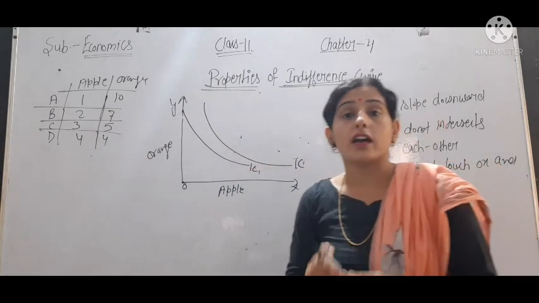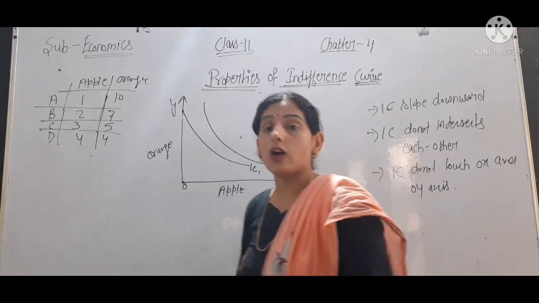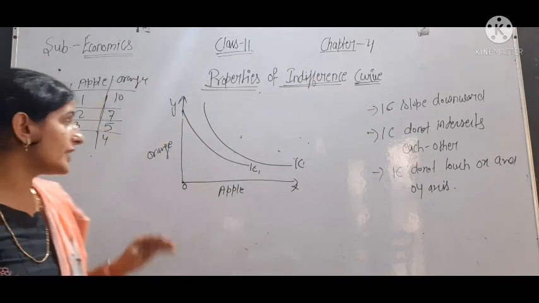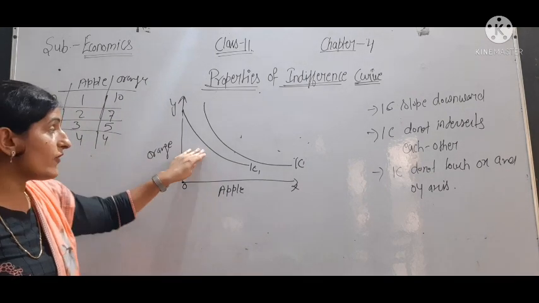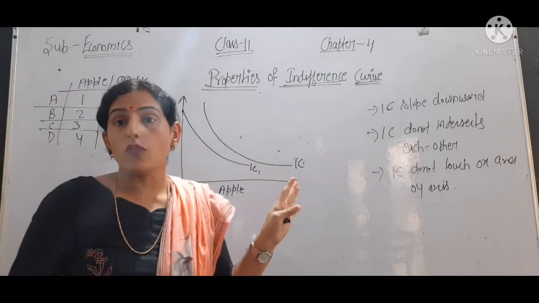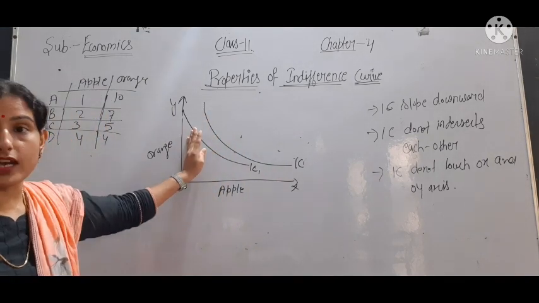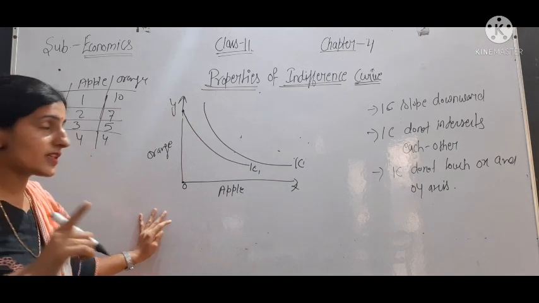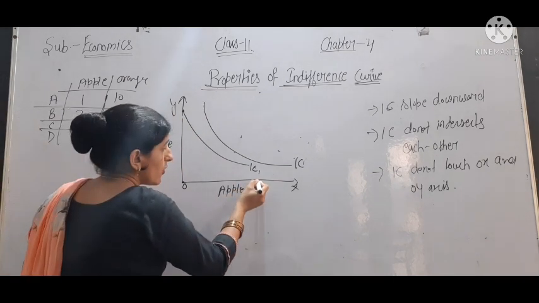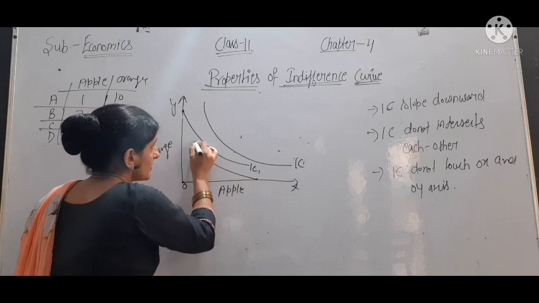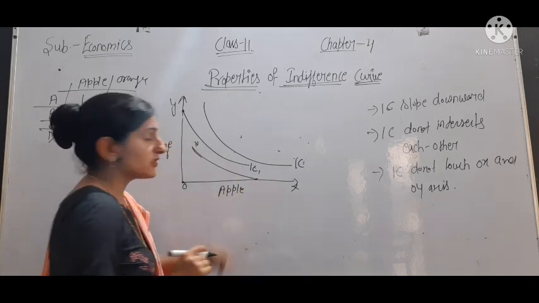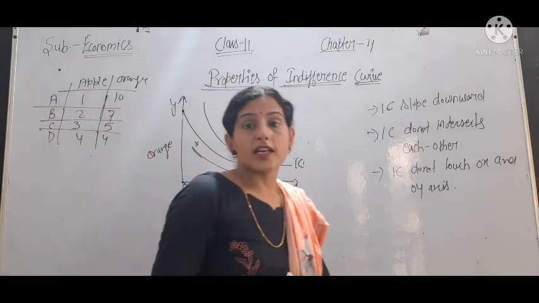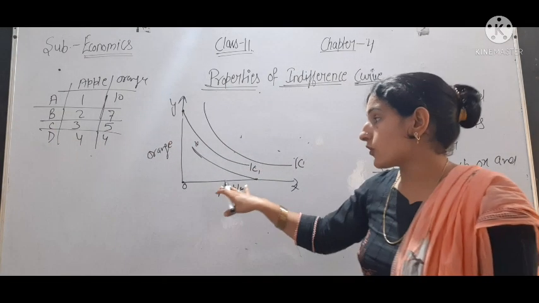Because according to our assumptions, the consumer has to spend his income on 2 goods, so he cannot consume just one good. If the IC touches the OY axis, the consumer is consuming only 1 good. And if the IC touches the OX axis, it means the consumer is consuming only apple and 0 quantity of orange. So this is also not possible.